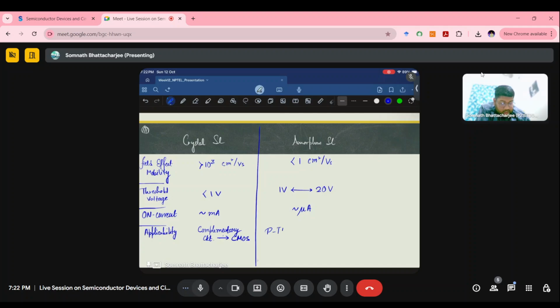So in most of the cases, they make either a PTFT or an NTFT, although there are also some materials which show both characteristics, but it is harder to make because in the case of organics, n type materials are not stable in air, and we need very high protection to maintain them, whereas mostly the p type devices are stable in air as well.